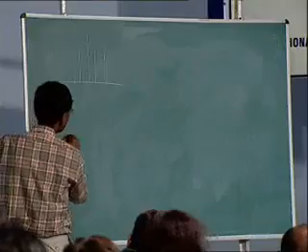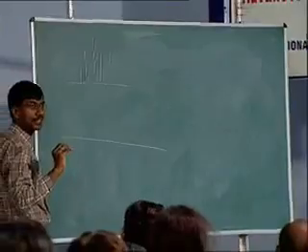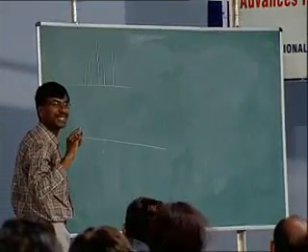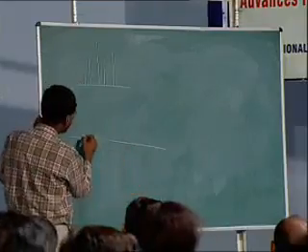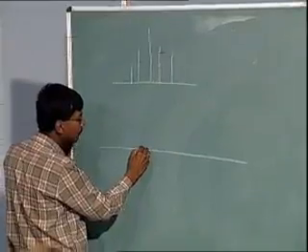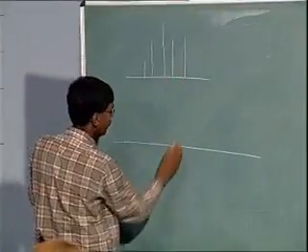Now, what I want to do is I want to get something at... Can you hear me? No. Okay. All right. So, what I am trying to do here is I am trying to double the number of sampling points. All right. 1, 2, 3, 4, 5.